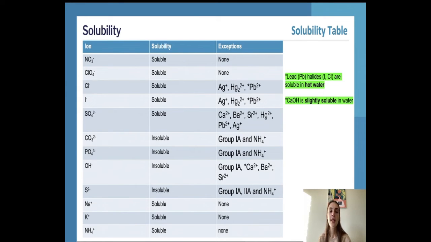So we say that it's an exception to the rule with the insolubility of the hydroxide ions. However, it is only slightly soluble in water, so it doesn't have a full extent of solubility. That means that at very low concentrations, calcium hydroxide may be soluble, but at higher concentrations, it won't be soluble.